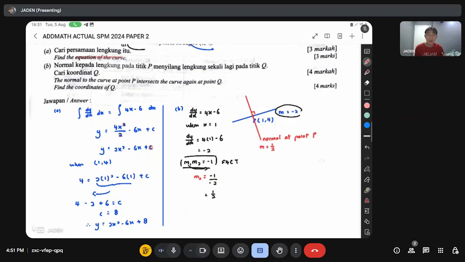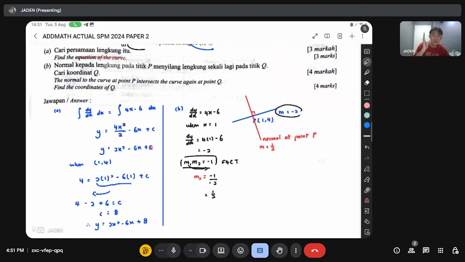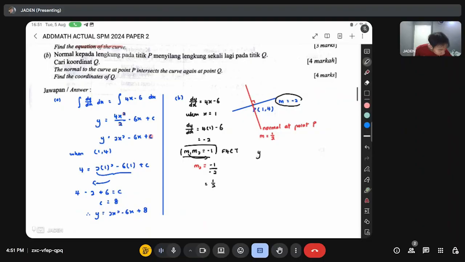Some students might ask, teacher, what does the gradient have to do with the coordinates Q? Of course, it's very important because right now you're going to form an equation for the normal line. So let's use y minus y1 equals m times x minus x1. This is the equation of this line.